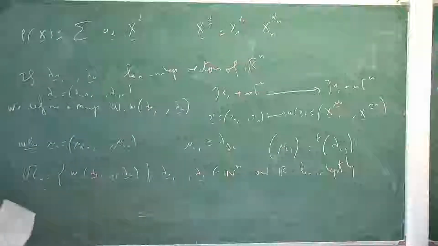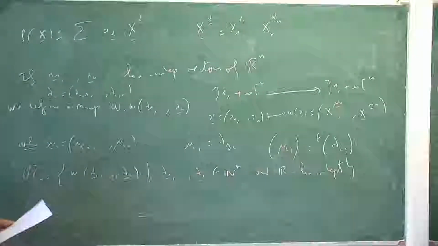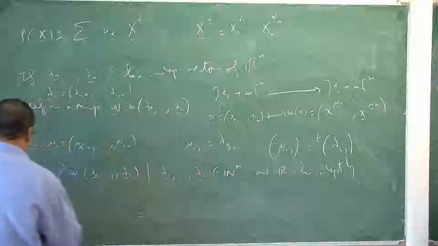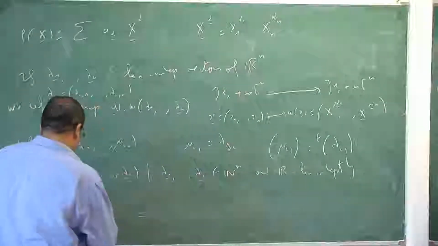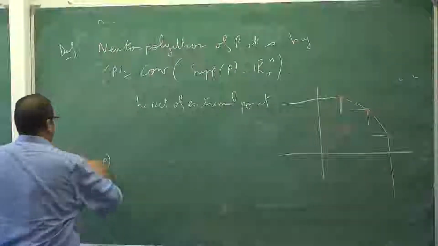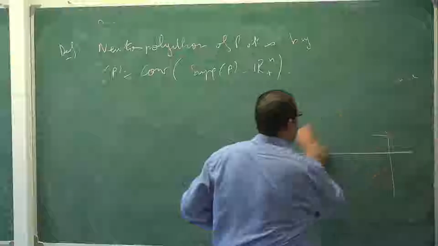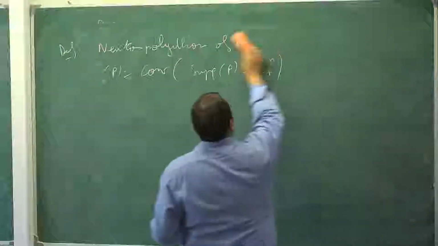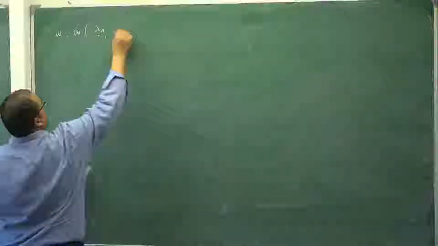So now I will give some properties of these maps. They have some beautiful properties. If you write omega of lambda 1, ..., lambda n, the Jacobian of this map is easy to compute.